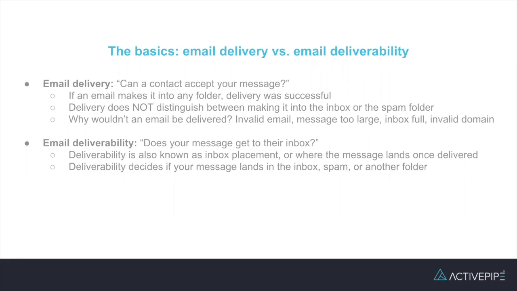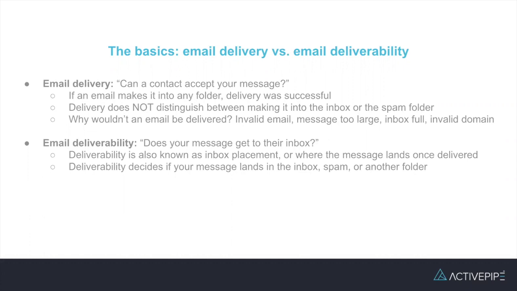Email delivery is when an email can make it into any folder. It's a simple yes or no question. Was the email that you sent delivered to your recipient, and can that recipient accept this message? If yes, then the email has gone forward into whatever folder it may be within their email system. If no, then there could be something else going on.